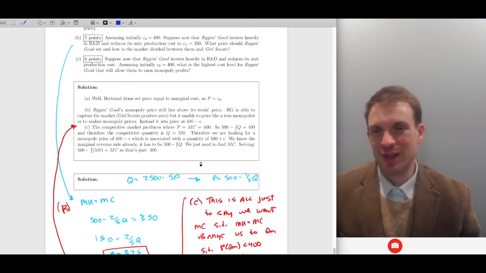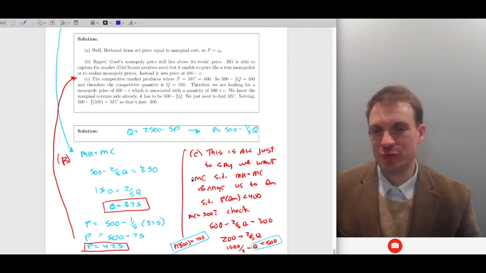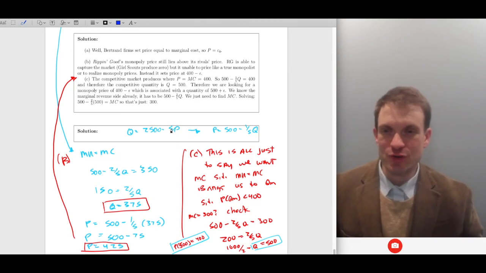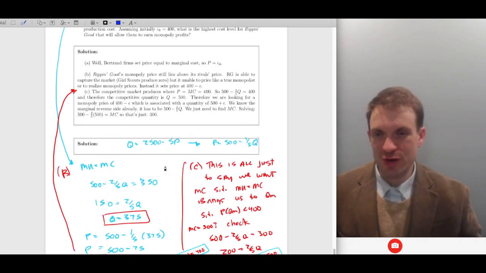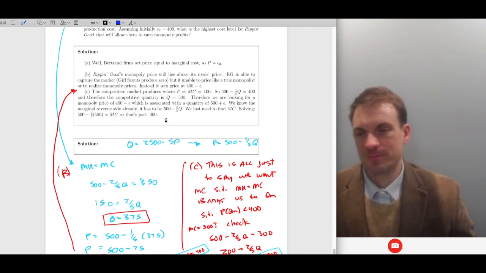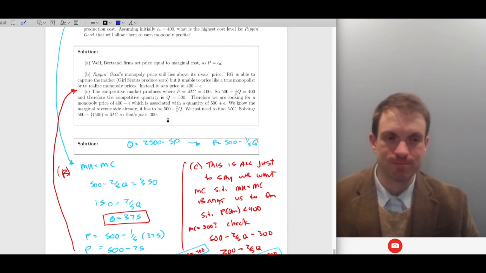We actually need marginal cost a little bit lower than 300 to make this work. If we have marginal cost just a little bit lower than 300, our monopoly quantity will be just a little bit bigger, and then our monopoly price will be just a little bit smaller than 400.